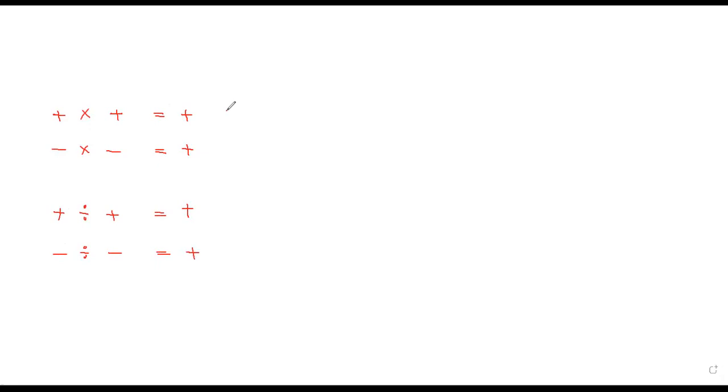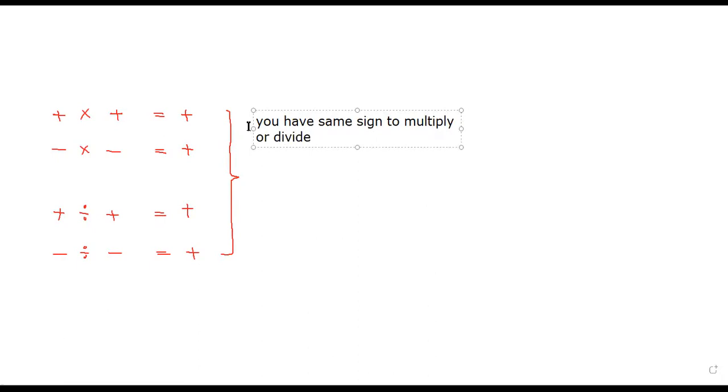Now, what is the theory we can learn here, children? What is the theory we can learn? You have the same sign. So when you multiply or divide, what happens is that we always get a positive answer, right?